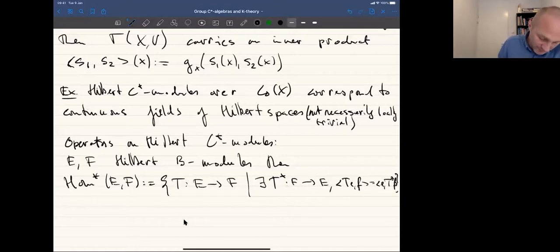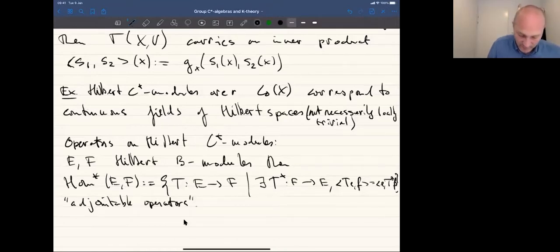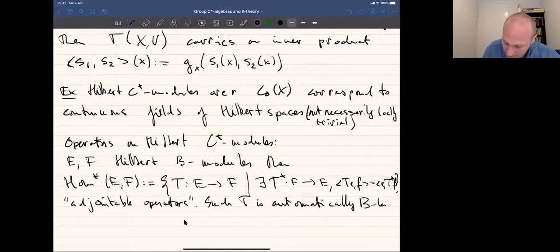This is the space of adjointable operators. So it's operators that admit an adjoint, and such T, so only requiring the adjoint to exist, is automatically bilinear and bounded for the norm.